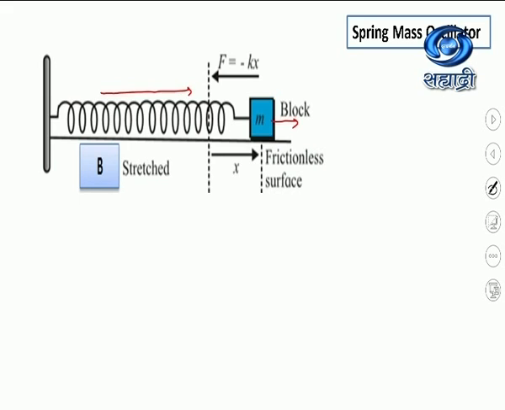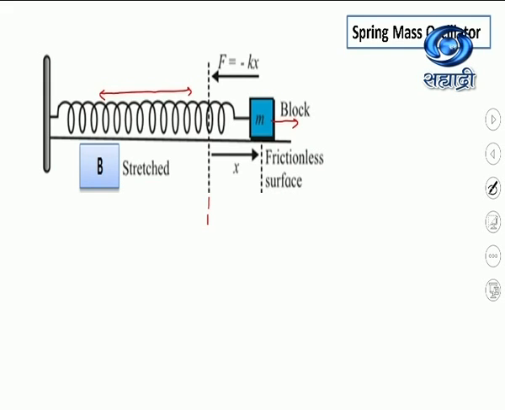Because of the elastic properties, the spring exerts a restoring force on the block, and that restoring force tries to pull the block towards the equilibrium or mean position, which is indicated by this dotted line.